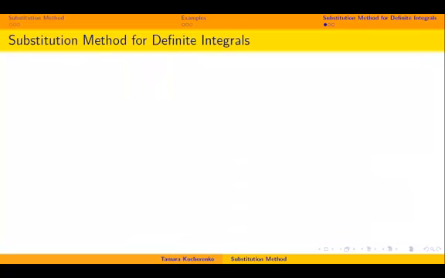There are two ways of using substitution to compute definite integrals. One way is to evaluate the indefinite integral first, and then use the fundamental theorem of calculus.